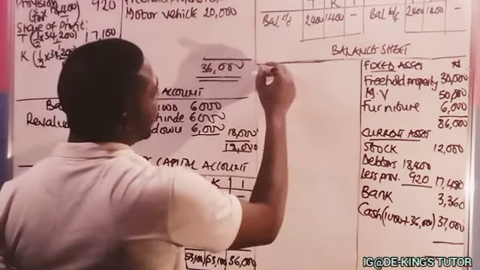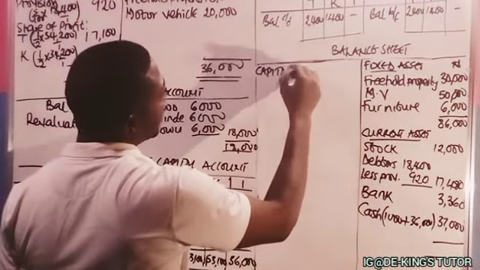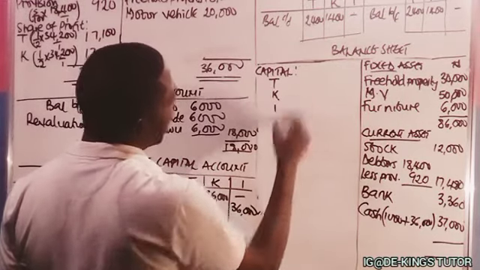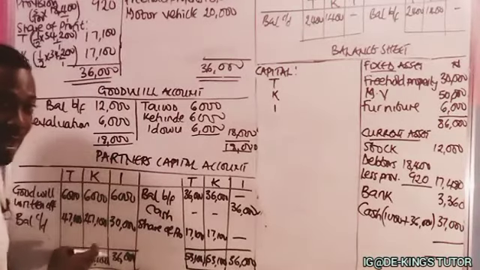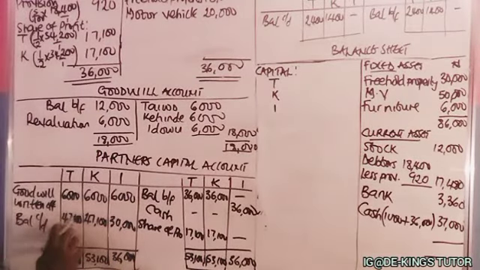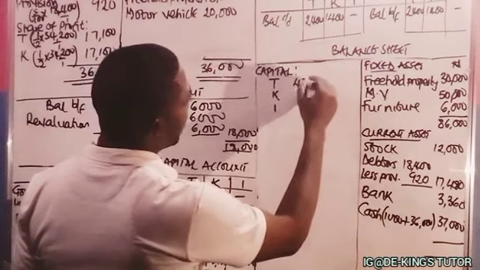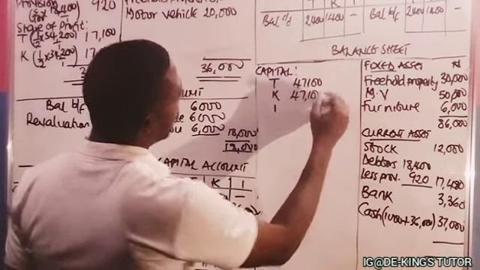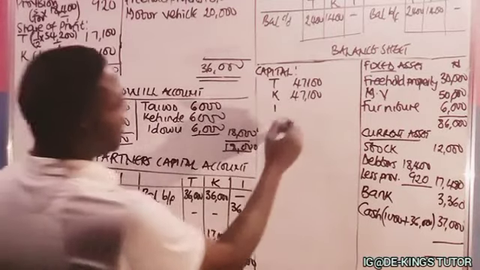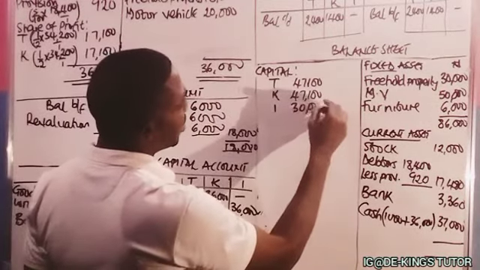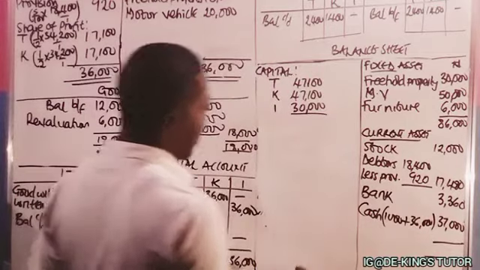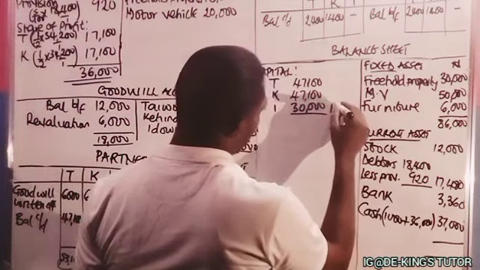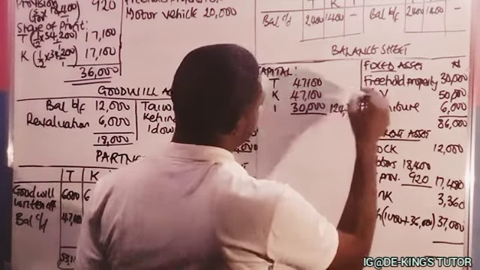Now the left hand side is our capital. The capital for Taiwo, Kehinde, and Idowu. Now we'll come to the capital account, and for Taiwo it is 47,100, for Kehinde 47,100, and for Idowu it is 30,000. So if we add these three, it will give us from our calculator 124,200.